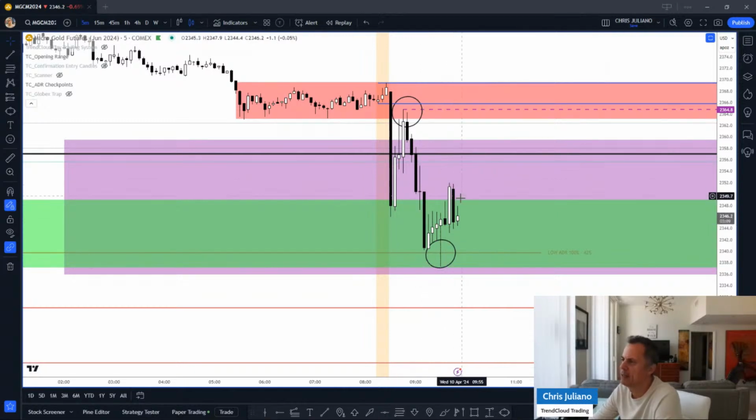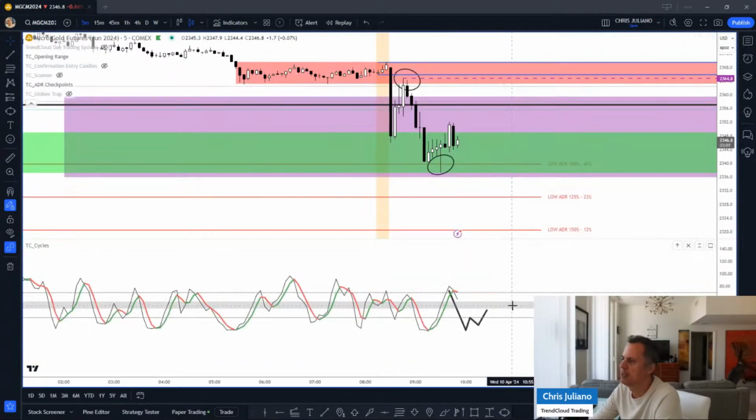Right, it pulled back, and now, here you go. Do you see how the cycle indicator is starting to turn red right here? Notice that, okay? We're looking for this pattern again.